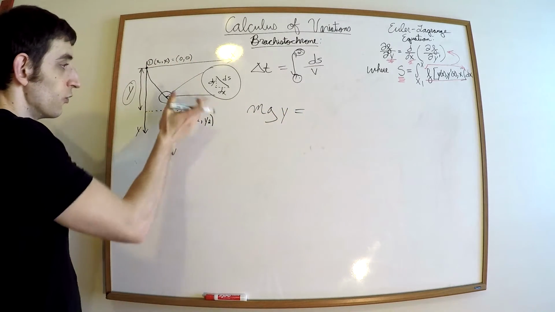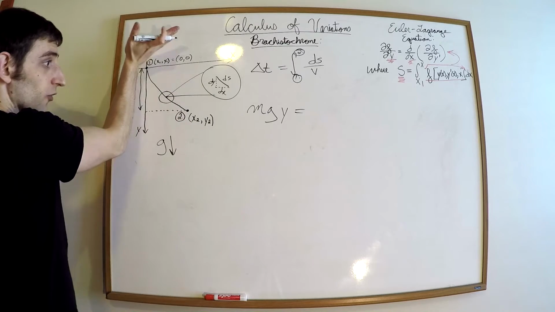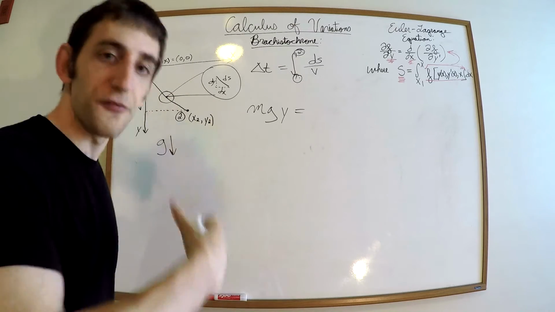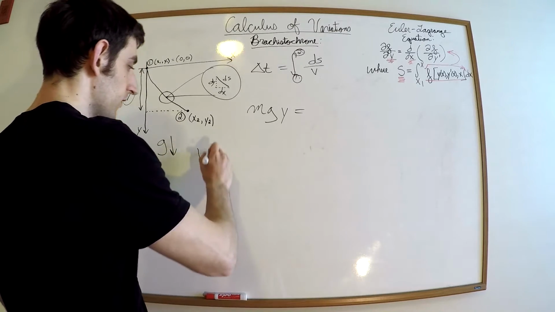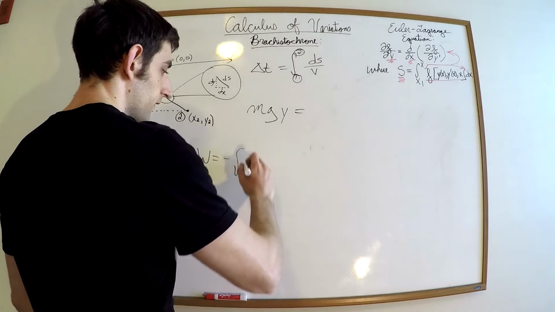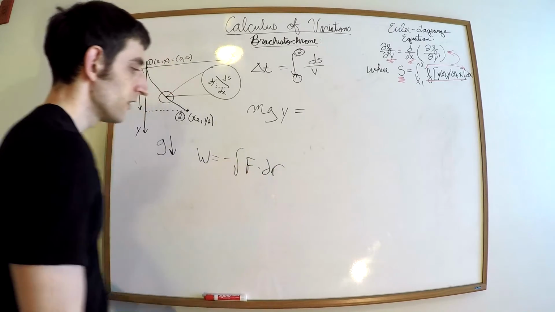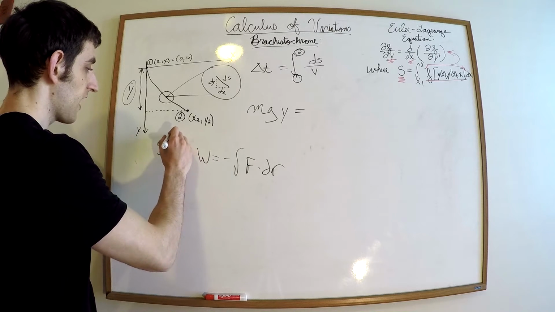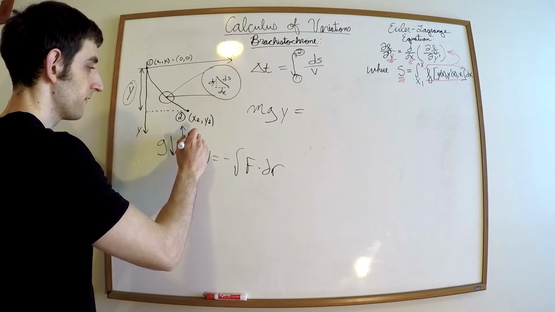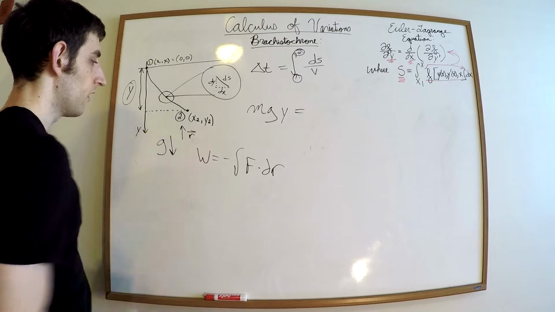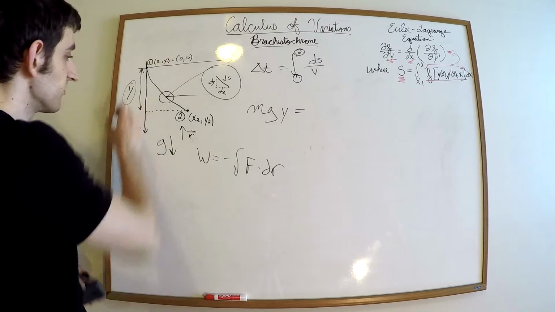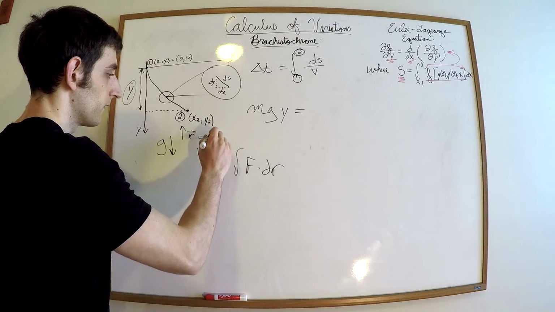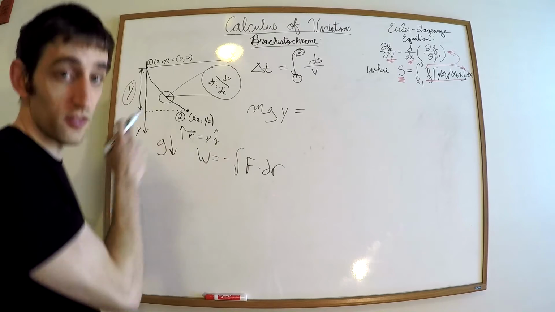So we're thinking we had it down here, we pulled it all the way up here. And just to flesh this out a bit more, to make you feel comfortable with all the definitions you've been looking at, we know that the work is the negative F dot dr. Okay, so the gravity is down, and we're pulling this guy up like that. I'm going to call it r. We're pulling it all the way up a distance y, so we'll call this y. And I'm going to put a j hat there because it's in the y direction.